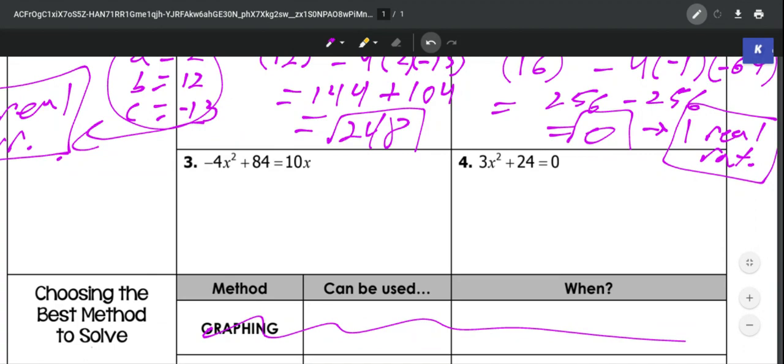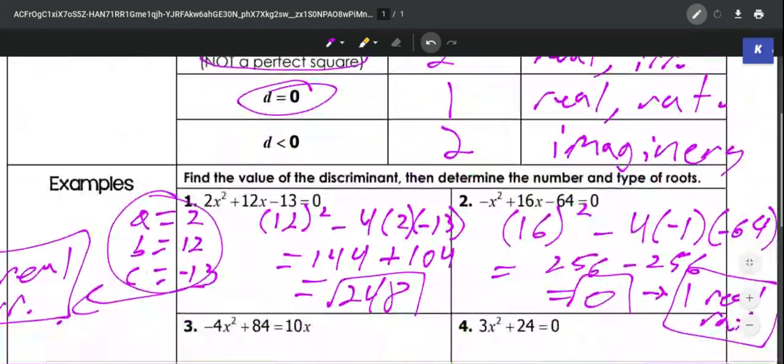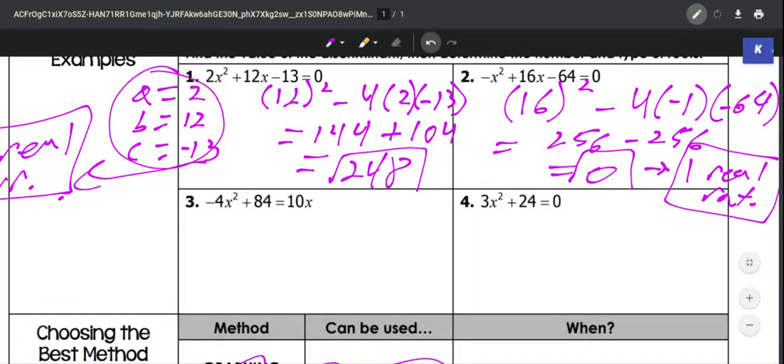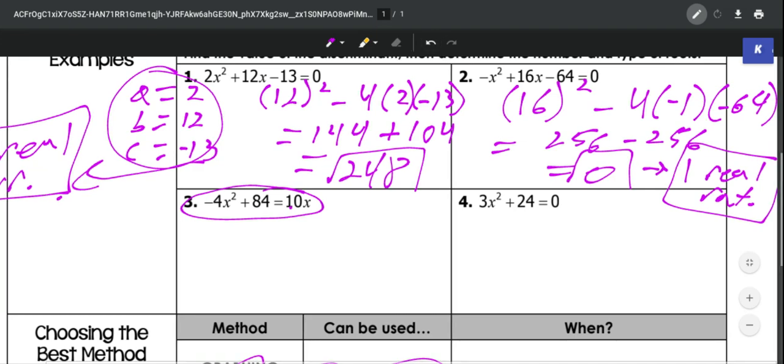On 3, we're going to be using the discriminant formula again. So just make sure that you know how to plug these in. When we go through and identify each of these, just notice that this needs to be in standard form. So it would actually be rewritten negative 4x squared minus 10x plus 84 is equal to 0.